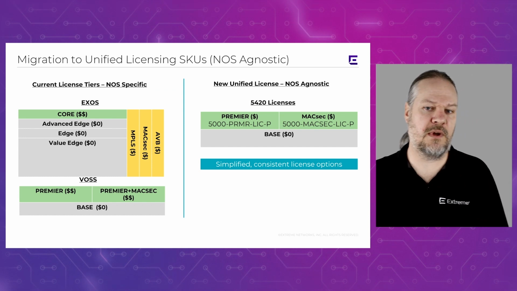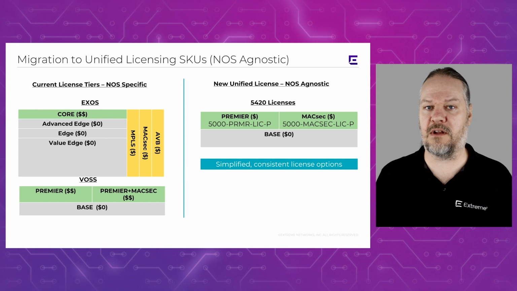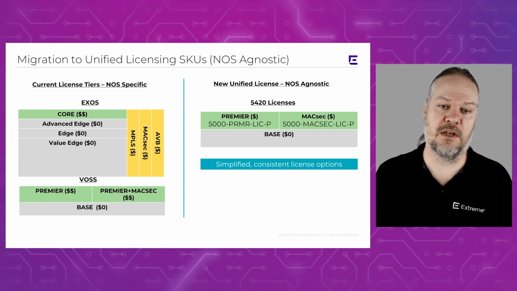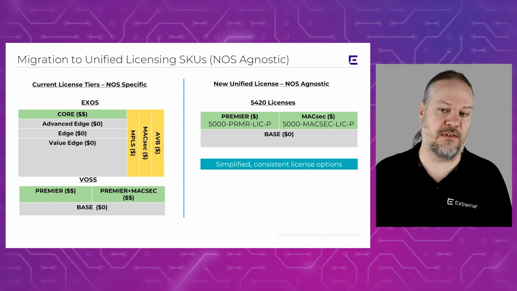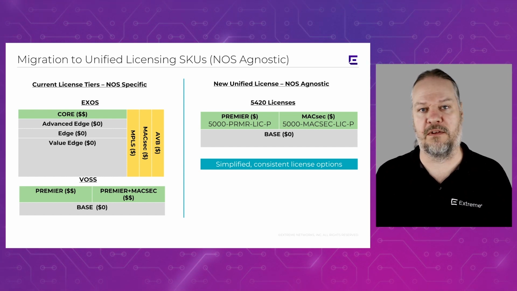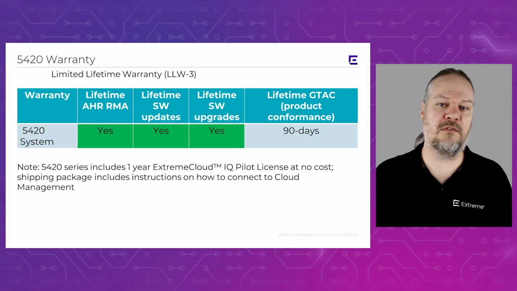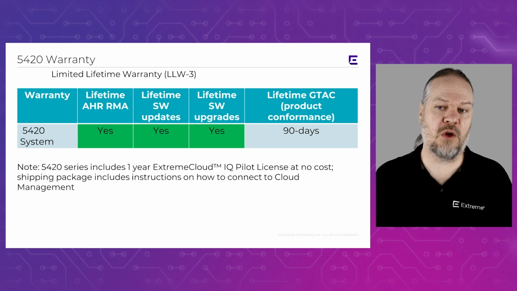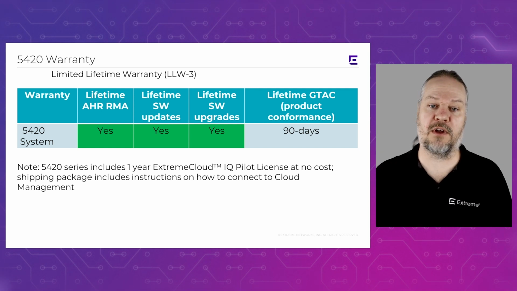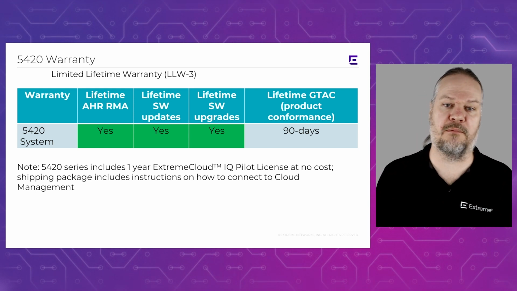Just like the 5520, the licensing is also greatly simplified, with everything rolled into one base license and 2 optional licenses. Universal licensing provides the same easy-to-understand structure for the 5420 as I described earlier for the 5520. And the universal limited lifetime warranty is also provided for the 5420, along with a 1-year subscription Cloud IQ pilot license to get our customers up and running out of the box with full cloud management.